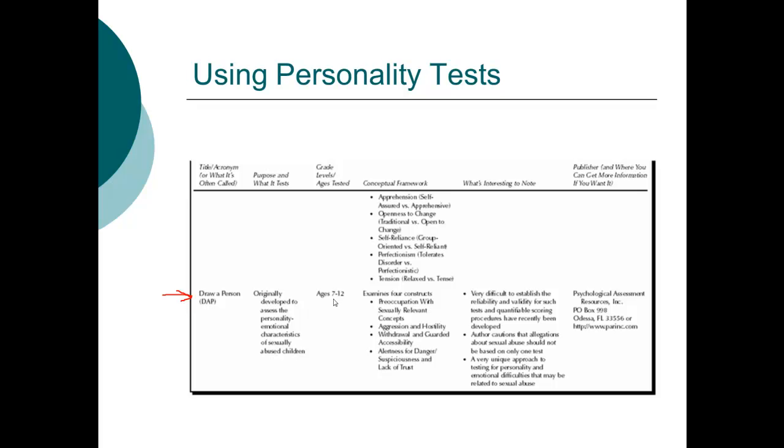And notice how it is basically for younger children who can express themselves, maybe not verbally, but yet maybe through drawing. And notice how it's used for assessing the emotional or personality characteristics of sexually abused children. Certainly the law enforcement agencies would use this type of test.